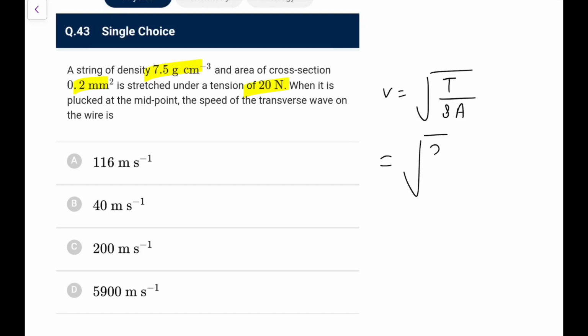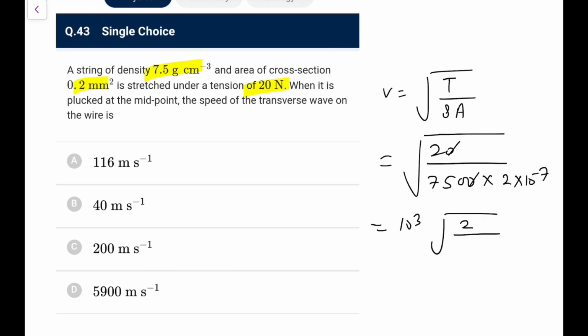Now the tension is 20, the density I can write in SI units, it would be 7500 kg per meter cube. 0.2 mm square is 2 into 10 to the power minus 7. So this 10 to the power minus 6 goes up, 10 to the power 3 will be taken out, the 2 cancels, so this is 75, 1 by 75 we are getting, if I have done it rightly I feel.